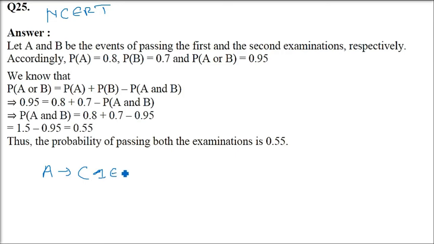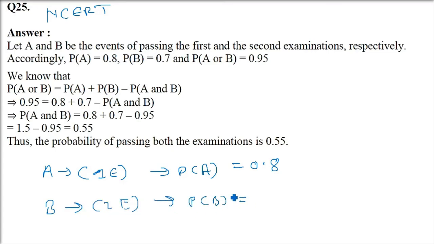So event A is passing the first examination, and probability of A is given as 0.8. The probability of passing the second examination is 0.7. So the second event is B, P(B) is 0.7. So P(A), P(B) are given.